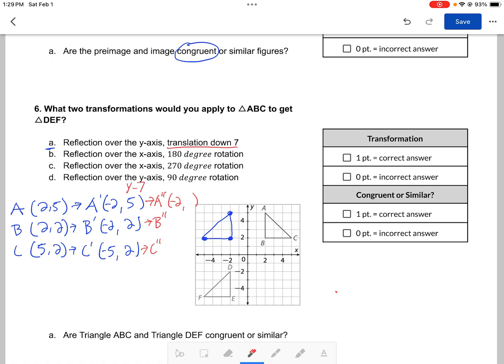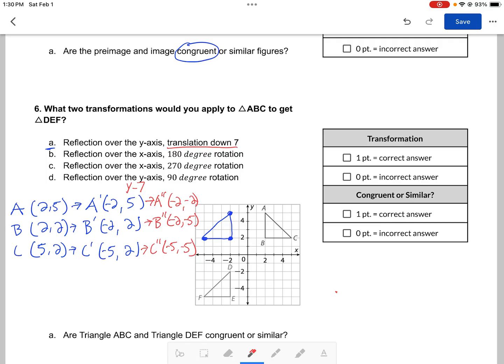So 5 minus 7 is -2. -2 stays the same. 2 minus 7 is -5. And then -5 stays the same. 2 minus 7 again is -5.